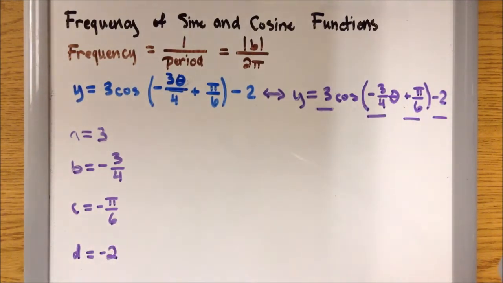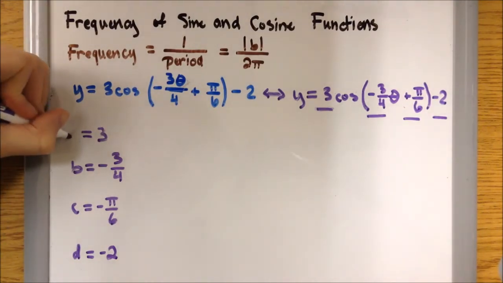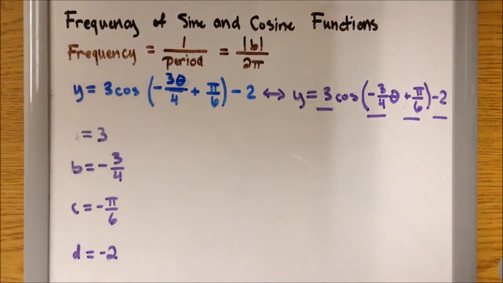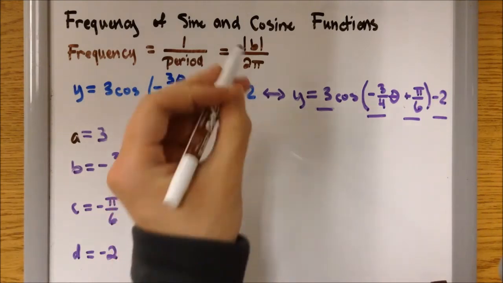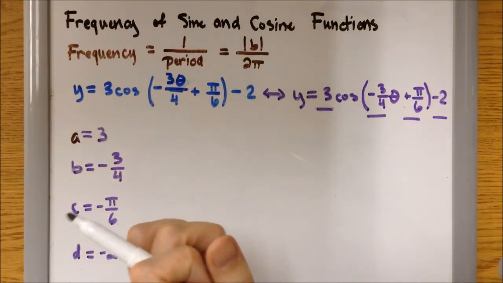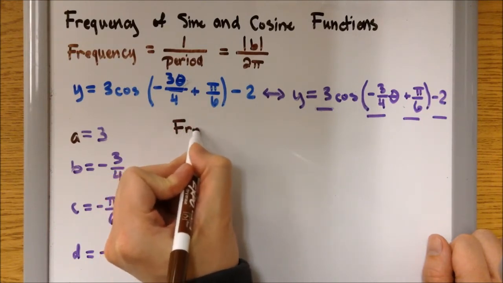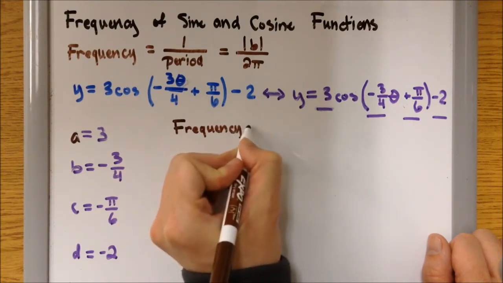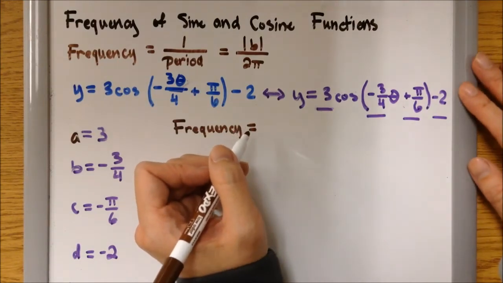Alright. So we're going to find frequency. Now if you didn't find period, I'm just going to use this rule right here. So the absolute value of B over 2 pi.